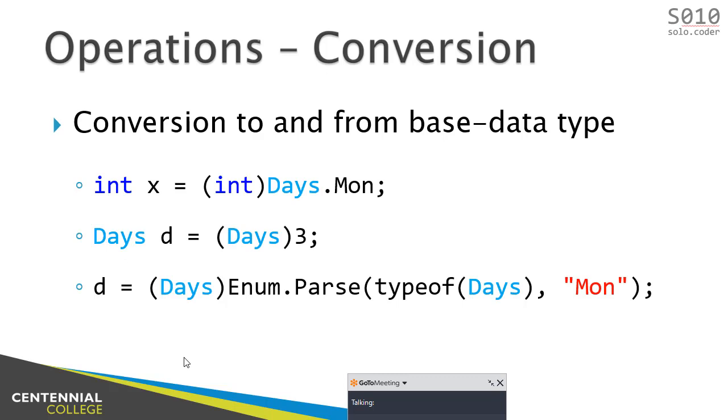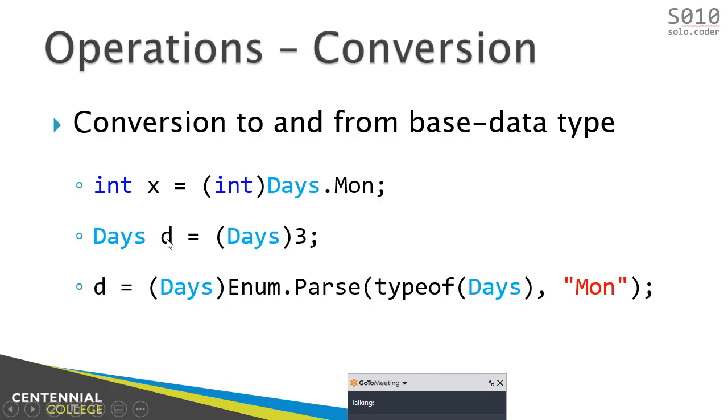This slide is just showing that because those enumerations are number based, you can convert them. When you say int x equals, in parentheses, int, what is happening is that it's converting Monday to the corresponding integer value.